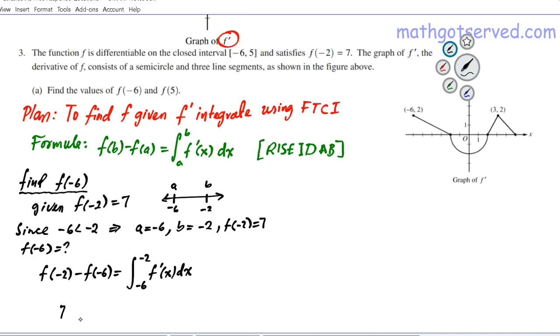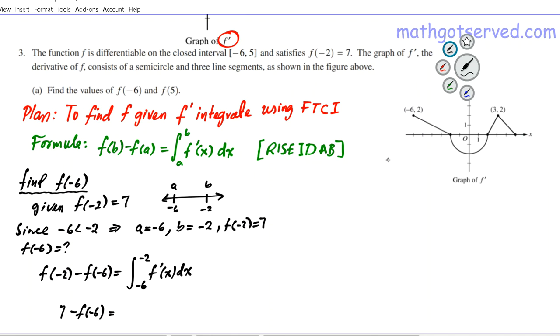So 7 minus f of -6 is going to be, now if you're given the graph of a function, in this case f prime, and you want to find an integral over an interval, what do you do? What is the connection between the integral and the graph of the function that you're integrating, a definite integral?